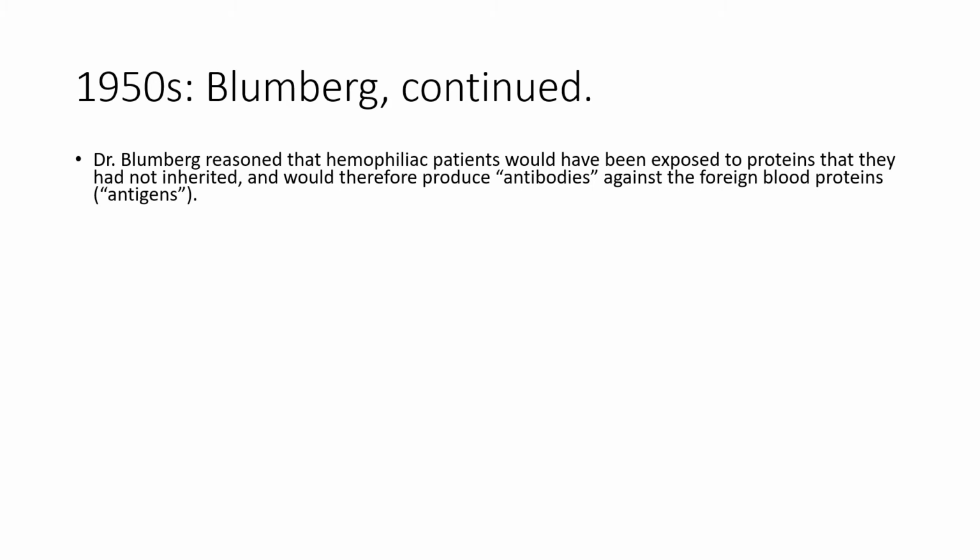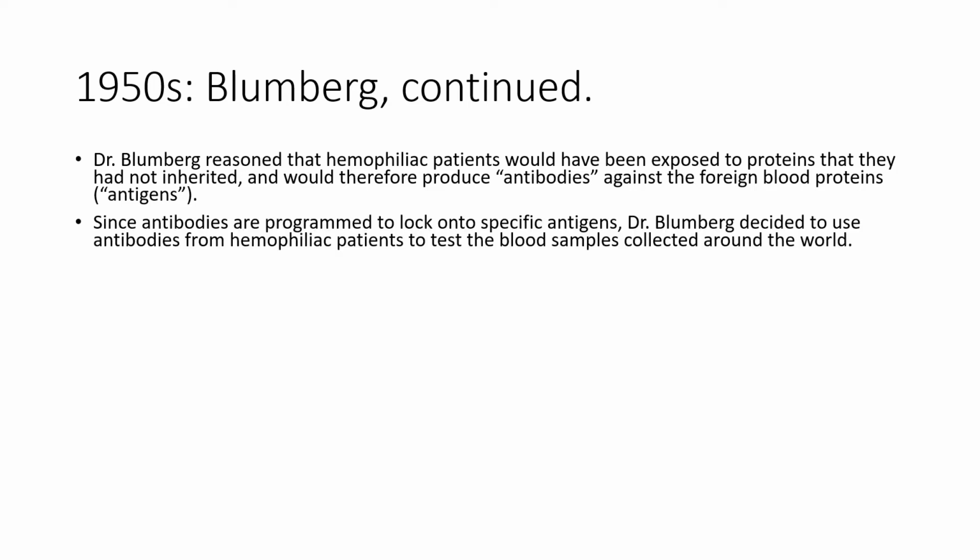What Blumberg hypothesized was that hemophiliac patients would have been exposed to a lot of proteins that were not inherited, okay? So proteins from other people, from other cultures, and therefore they would produce antibodies against these foreign proteins.